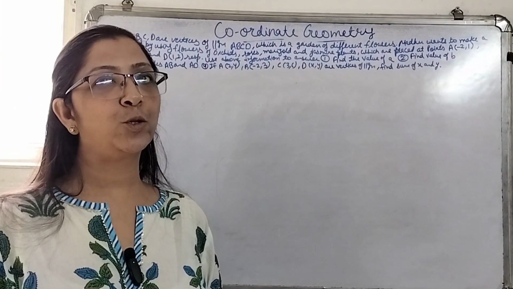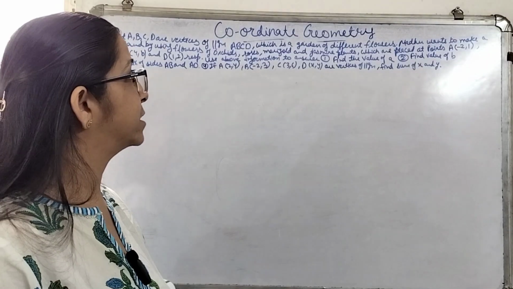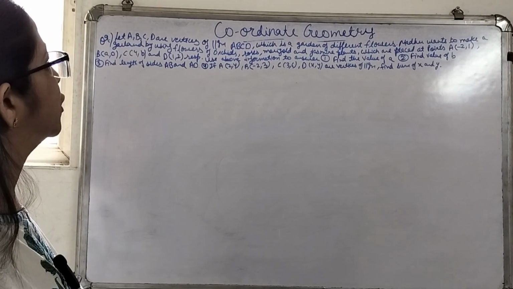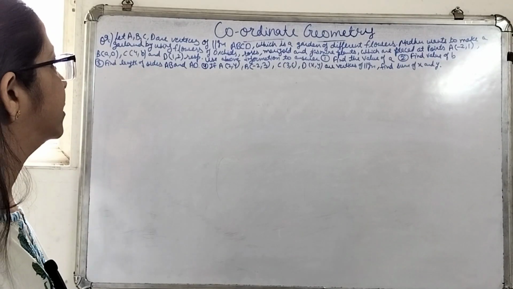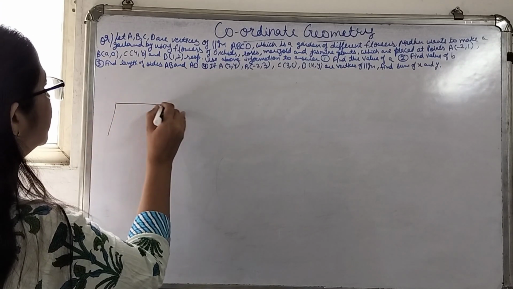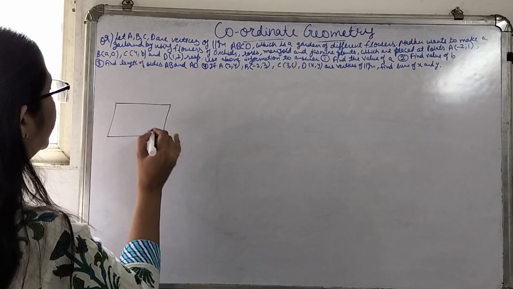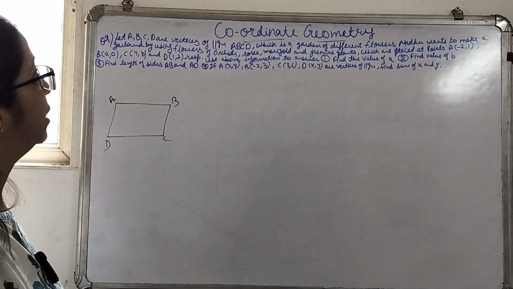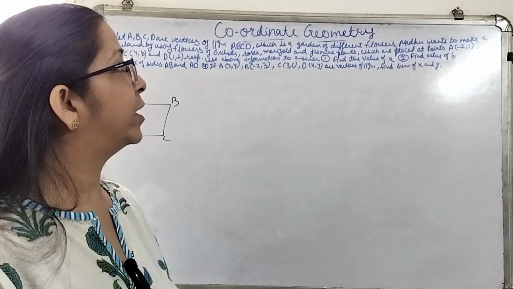Now let's see the last question from the chapter, which is a case study. Let A, B, C and D be vertices of a parallelogram ABCD. That means a parallelogram is given. Suppose this is the parallelogram A, B, C, D, which is a garden of different flowers.